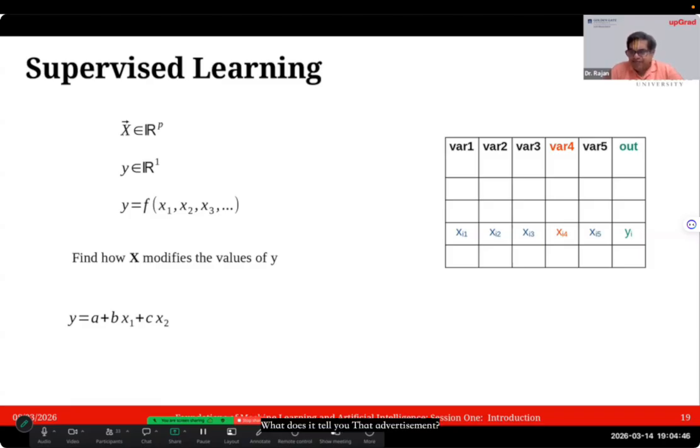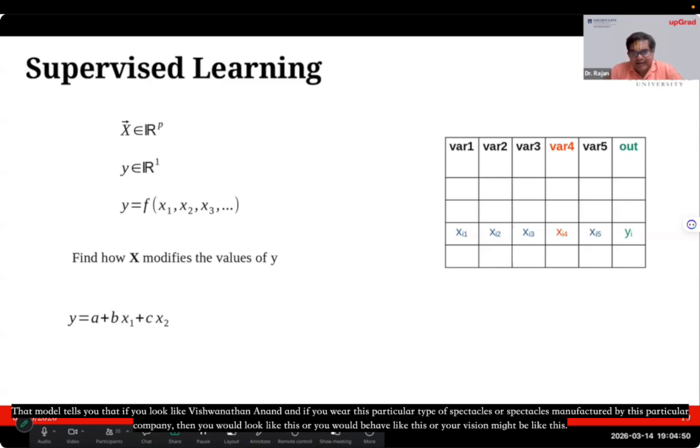What does it tell you? That advertisement tells you that if you look like Vishwanathan Anand, and if you wear this particular type of spectacles, manufactured by this particular company, then you would look like this, or you would behave like this, or your vision might be like this.